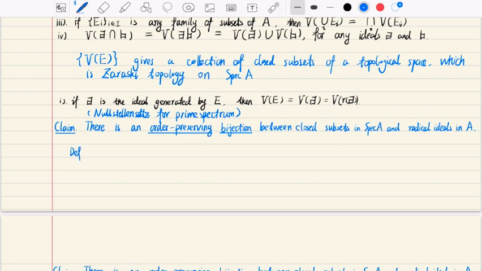There is a definition. An ideal A of the ring A is called radical if R of A equals A. Usually, the R of A is bigger, but for a radical ideal, they are just the same.